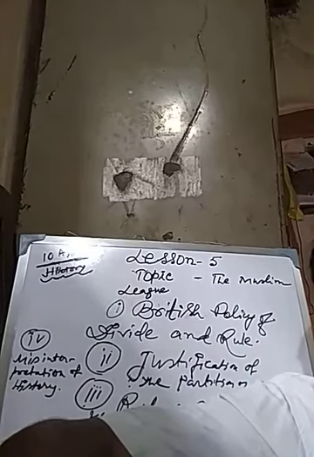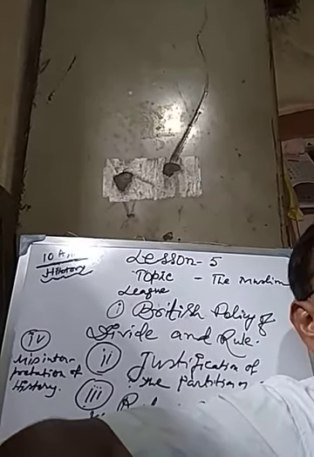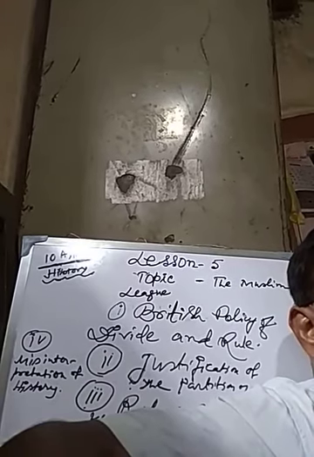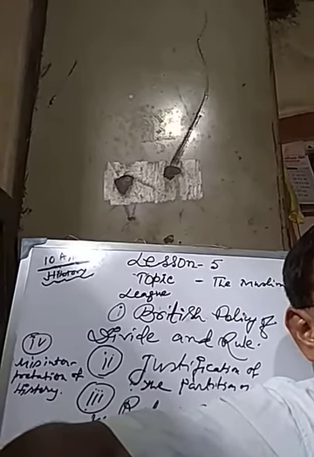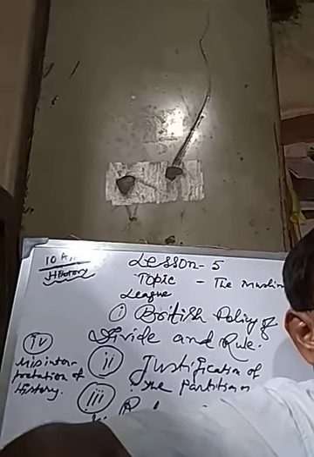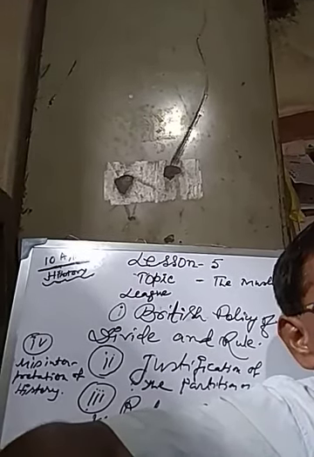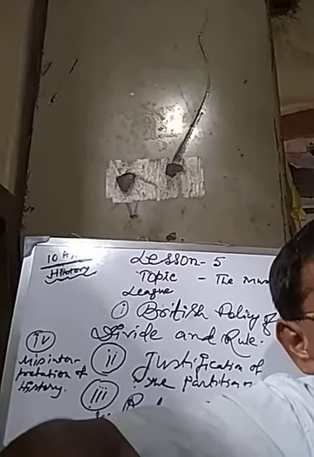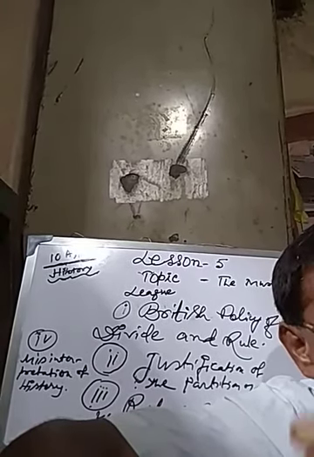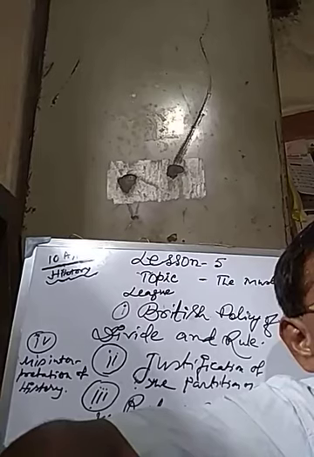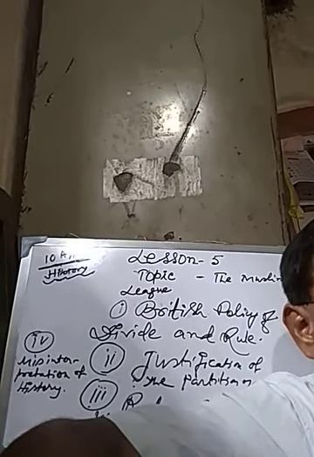So, by doing this for the two communities, the British were able to establish a wall between the two communities, the Hindus and the Muslims.